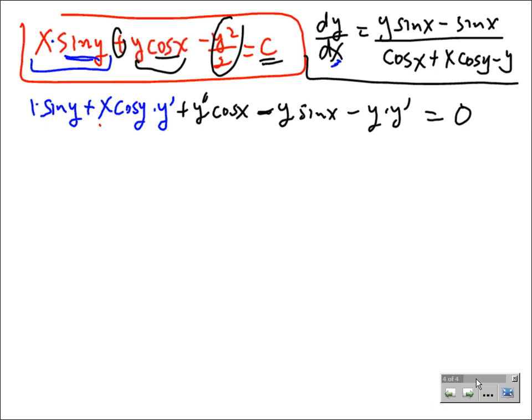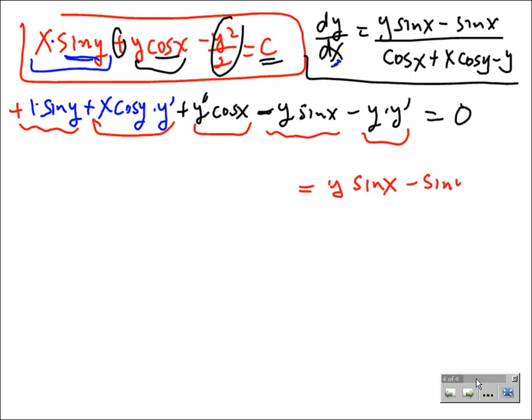So now this term and this term and this term all have y prime. So I'm going to bring everything else to the other side. I'm going to bring this to the other side, and I'm going to bring an understood plus sine x, plus sine y to the other side as minus sine y.